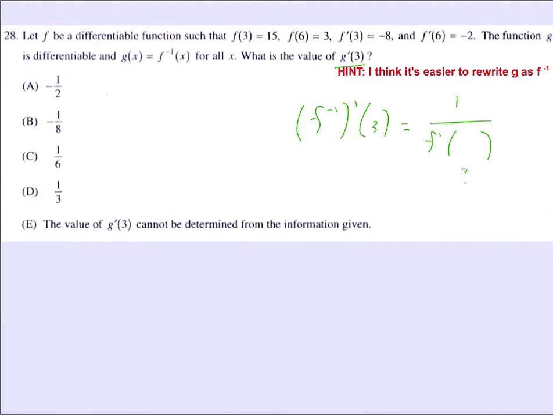So what we need to do is find g of 3. g of 3, which remember is another way of saying f inverse of 3, is the input whose output is 3, that is right there, 6. So we need to find f prime of 6 and find its reciprocal. Well, they told us that f prime of 6 is negative 2, so f inverse prime of 3 is the reciprocal of f prime of 6, which is negative 1/2.